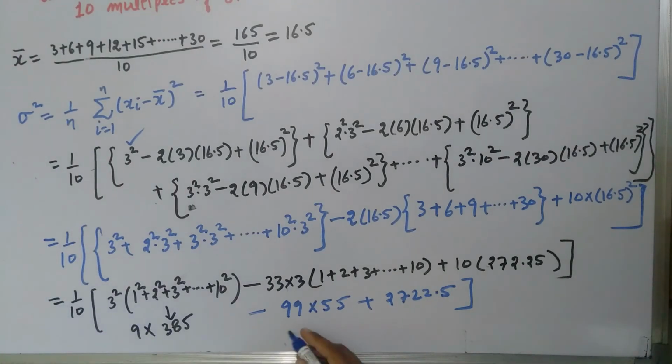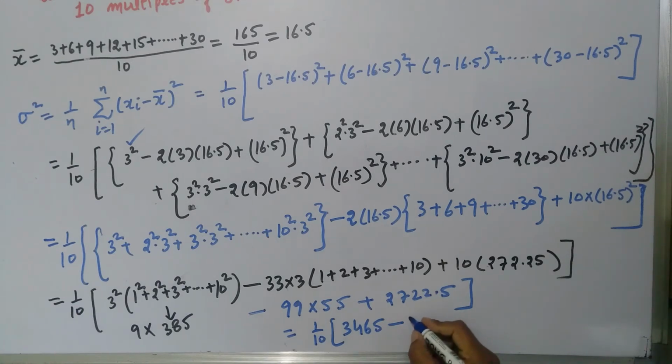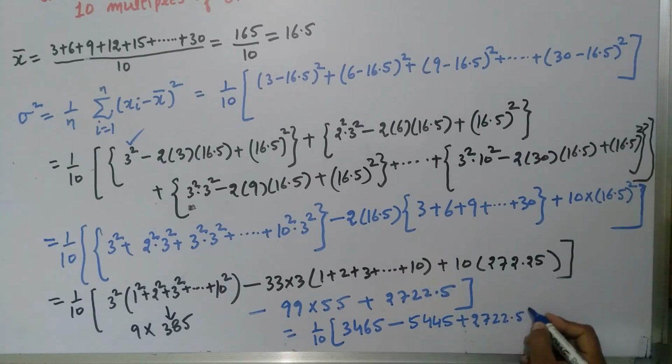Further, solving this, it becomes equal to 1 upon 10 into 9 into 385, which is equal to 3465, minus 99 into 55, answer is 5445, plus 2722.5.